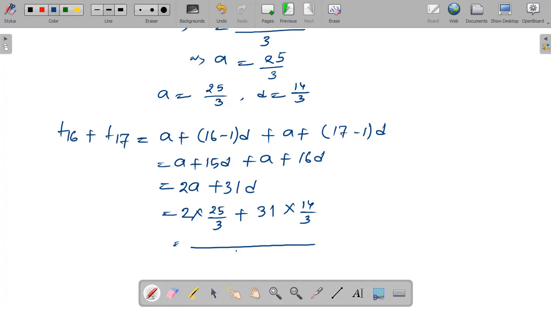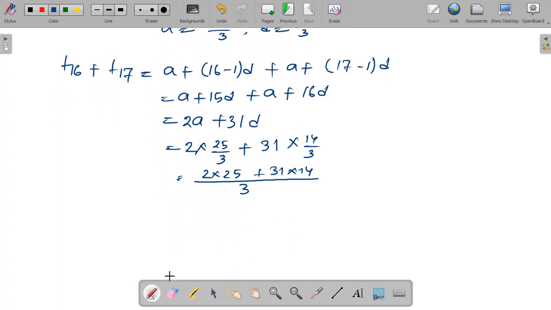Now we do LCM. So 3 is the common denominator in both numbers. So we get in the numerator 2 into 25 plus 31 into 14. So 25 into 2, that is 50, plus 31 into 14, right?